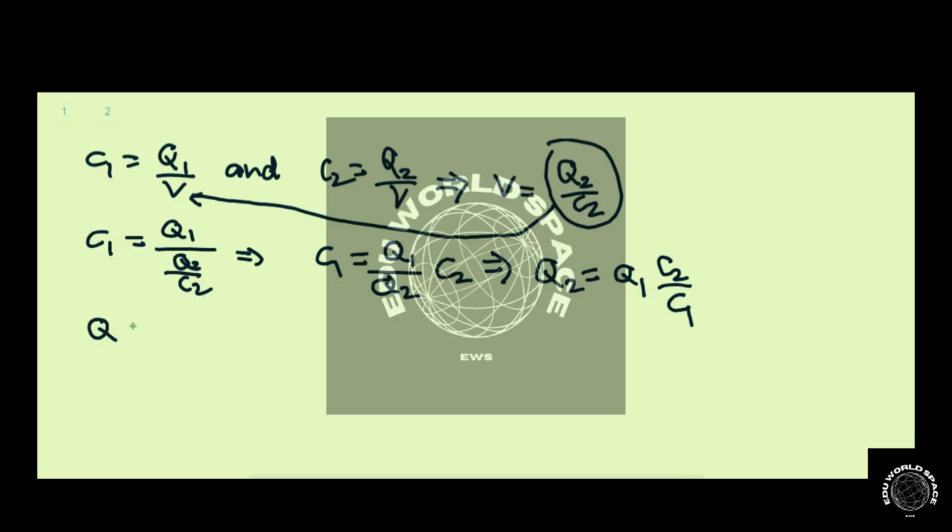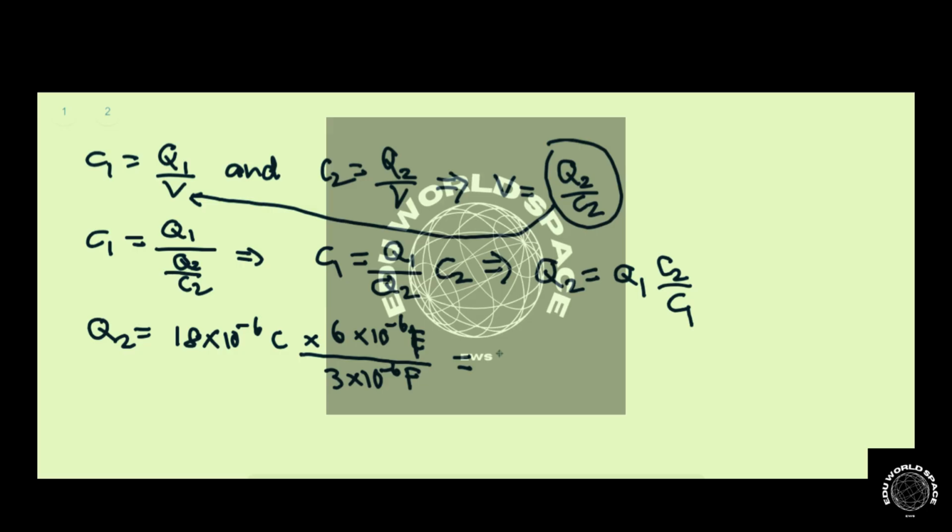And let's put in the numbers that we're given. So Q1 is 18 times 10 to the minus 6 coulombs. And then we have C2, which is 6 times 10 to the minus 6 farads, divided by 3 times 10 to the minus 6 farads.